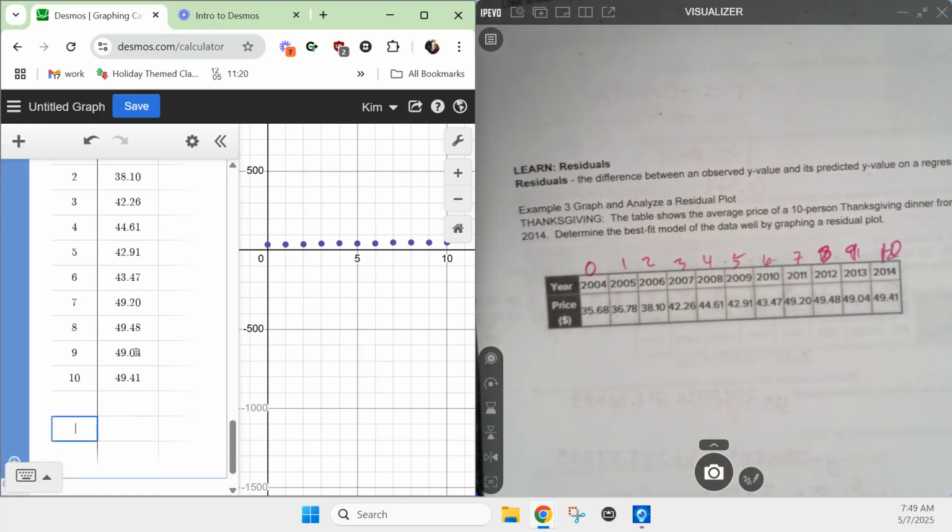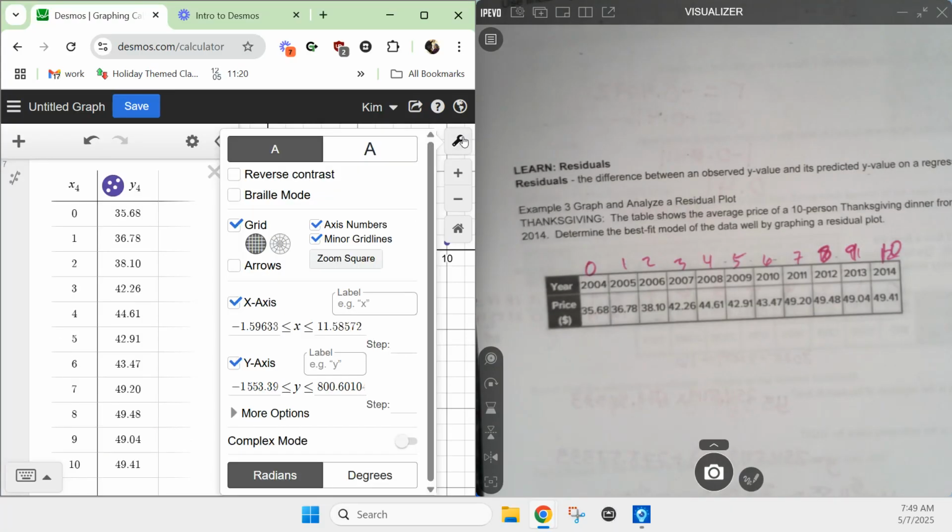Okay, so those dots are plotted. The x-axis goes all the way up to 10. That's good. We don't want the negatives, so we're going to go from 0 up to, what, 50? Nothing's over 50, right? Maybe I'll make that 55.